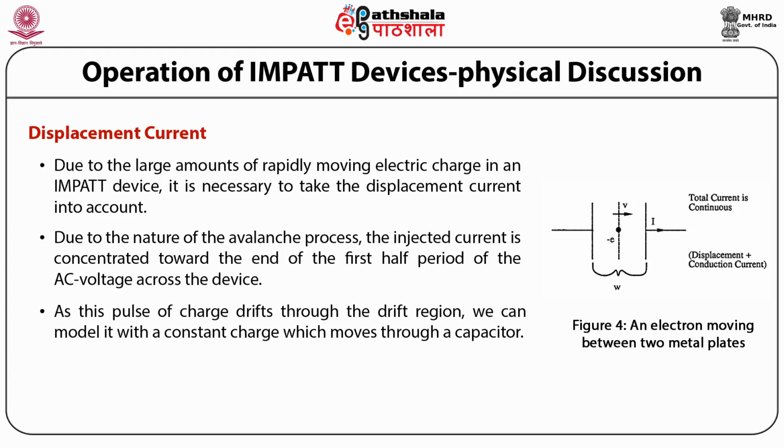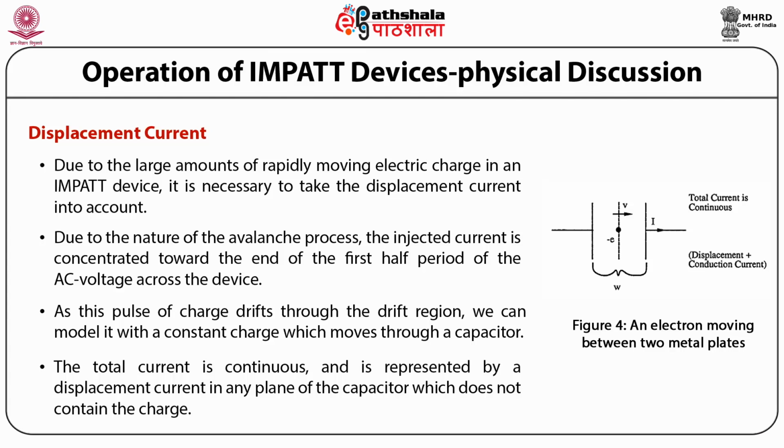As this pulse of charge drifts through the drift region, we can model it with a constant charge which is moving through a capacitor. So students, the total current is continuous in general and it is represented by a displacement current in any plane of the capacitor which does not contain the charge as shown in this figure.